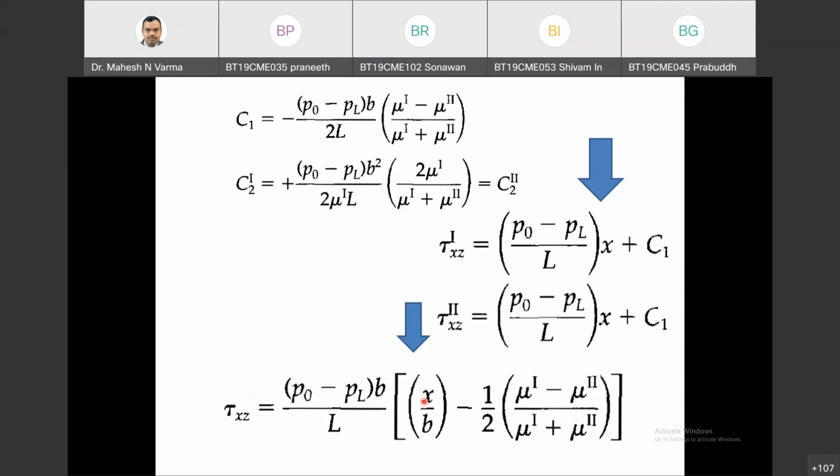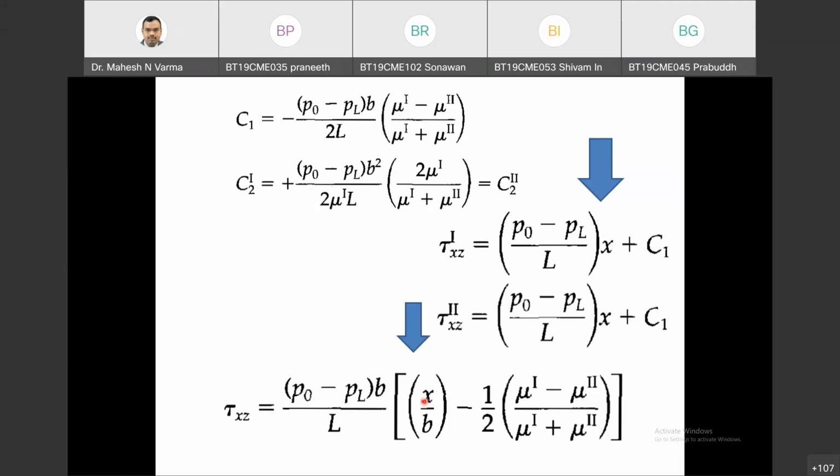Into the area, it will be W, width, into L, length. Very good. It will be the perpendicular area to this momentum flux, the surface area of that plate. W into L.